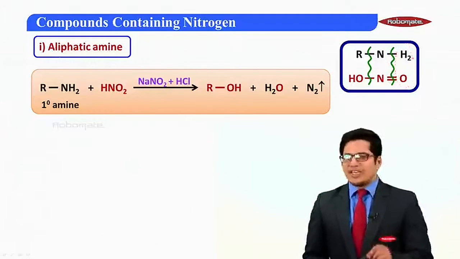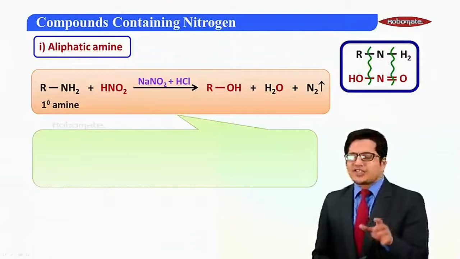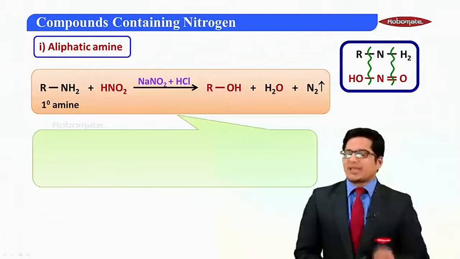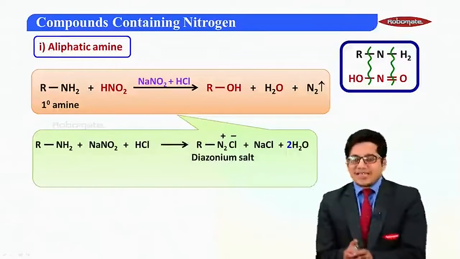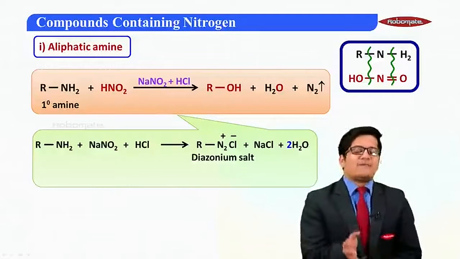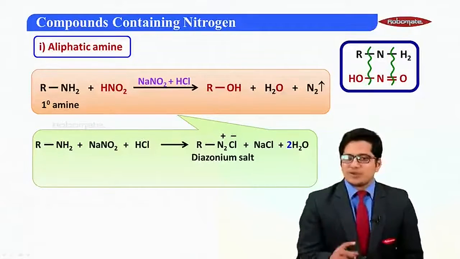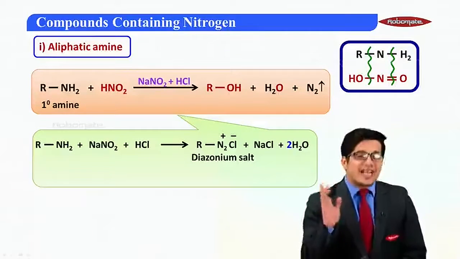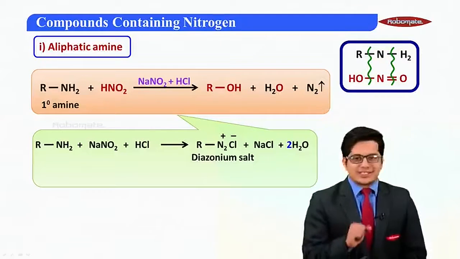Now, what we need to know here is that this reaction actually takes place in a two-step process. Let's understand that. Firstly, a primary aliphatic amine reacts with HNO2 and gives us a diazonium salt or a diazonium halide salt.